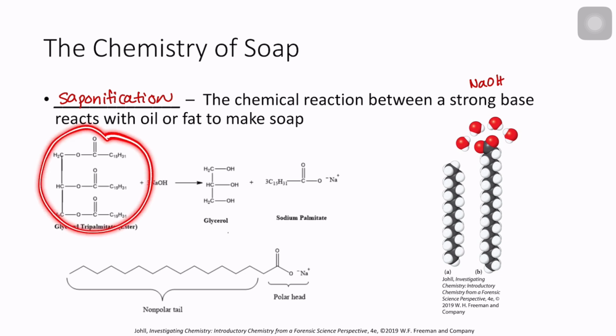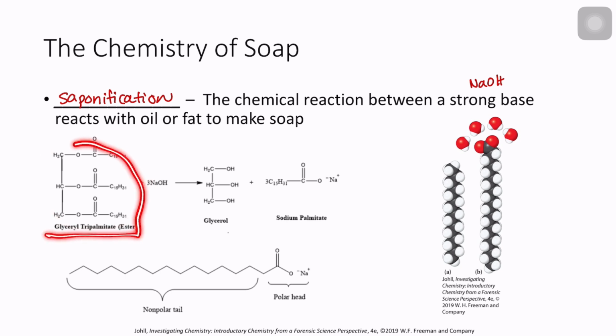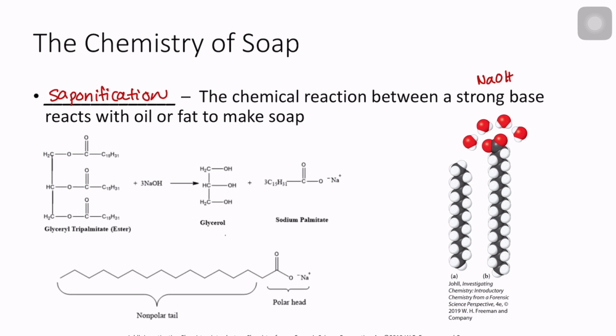So here is an oil or a fat. It's actually a compound that has these functional groups right here, which are called esters. And you react it with sodium hydroxide, and we make soap.